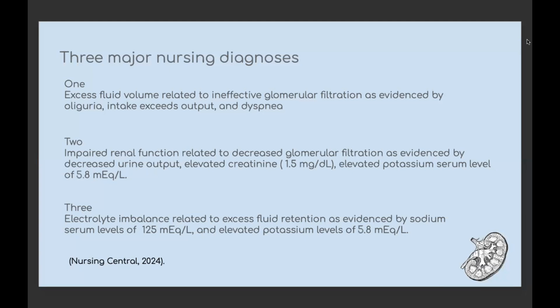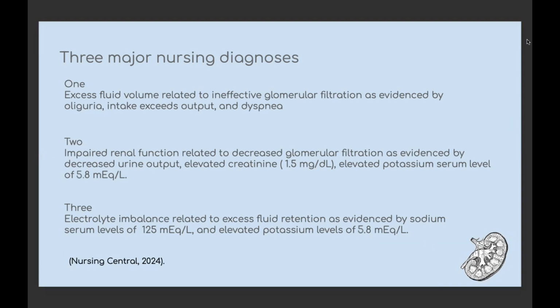That's why three major nursing diagnoses that apply to patients with these cases are as follows: excess fluid volume related to ineffective glomerular filtration as evidenced by oliguria, intake exceeds output, and dyspnea, and the dyspnea would be secondary to fluid in the lungs.